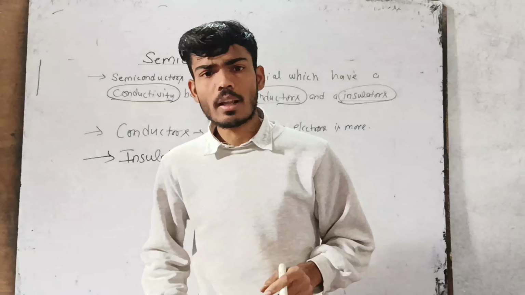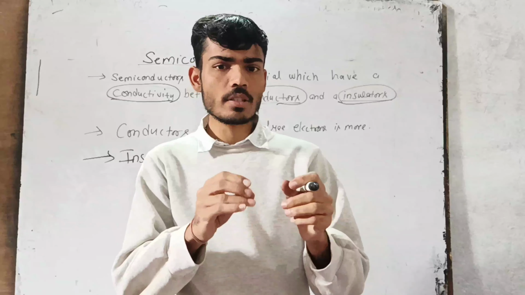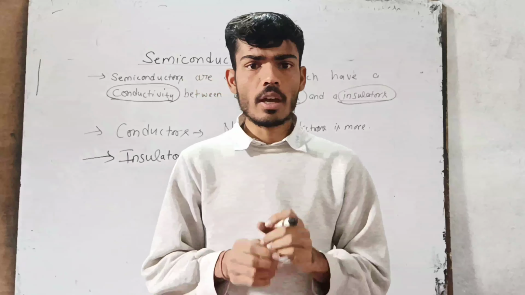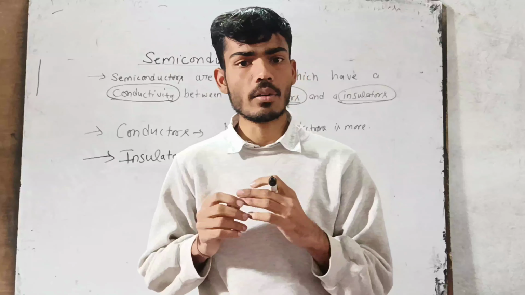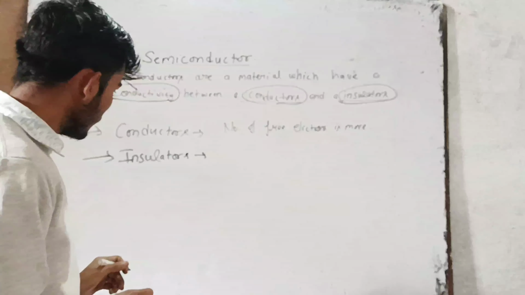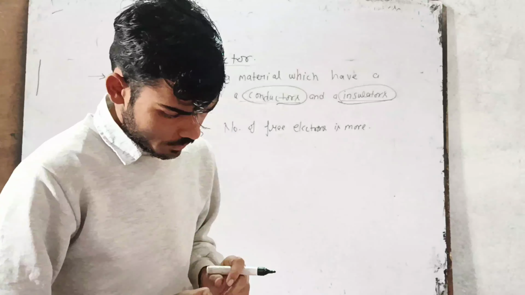Now, what are insulators? Insulators are those materials which do not allow any current. It means they do not have any free electrons. Insulators, we can say, have low conductivity.